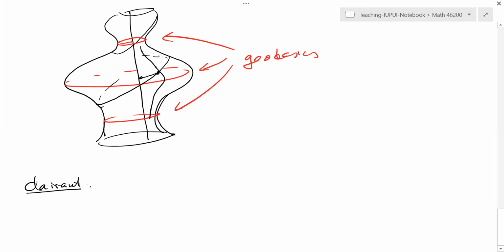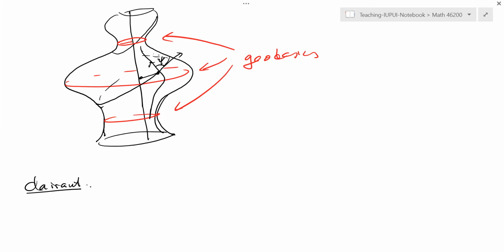I'm going to define this angle by phi. That is the angle here between the tangent vector and the meridian. If the curve is a parallel, then this angle is 90 degrees; they're perpendicular to each other. If this curve is a meridian, then phi is going to be 0.